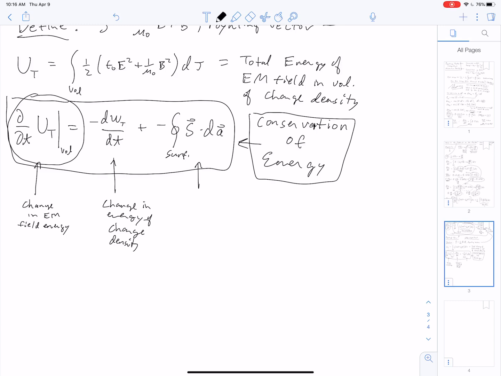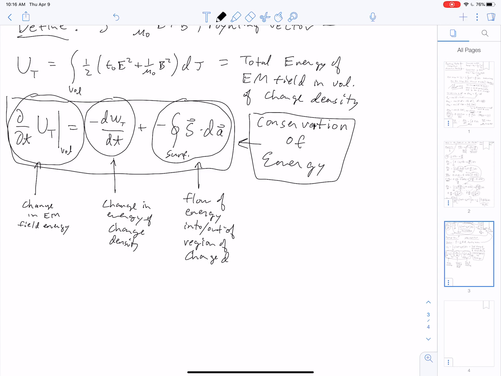It's changing, and I can see that energy goes into the charge density. But what is this last term? This is a flow of energy into or out of, depending on the details, the region of the charge density.